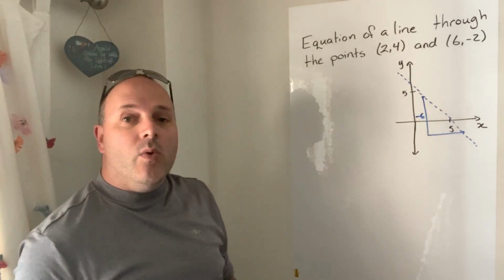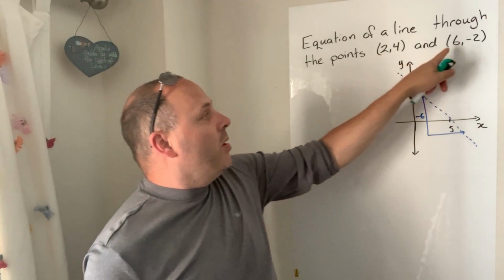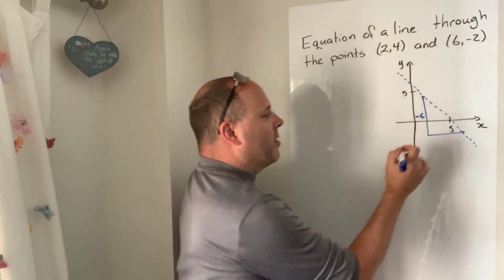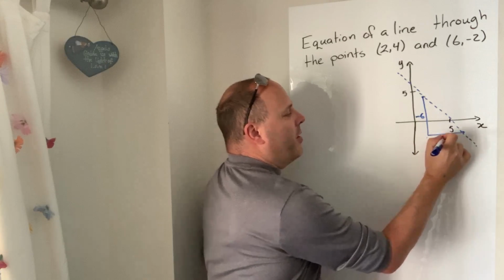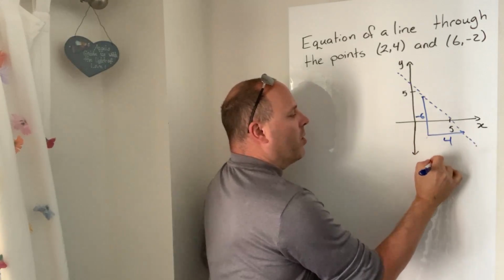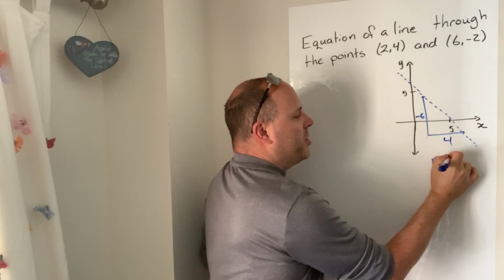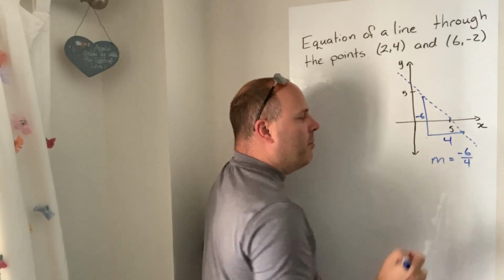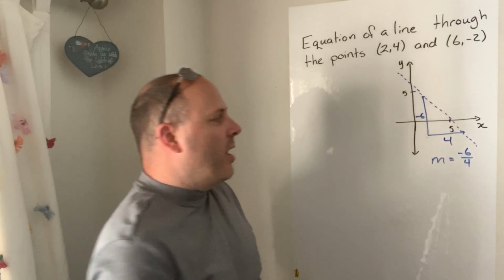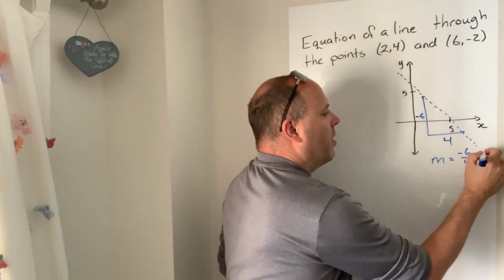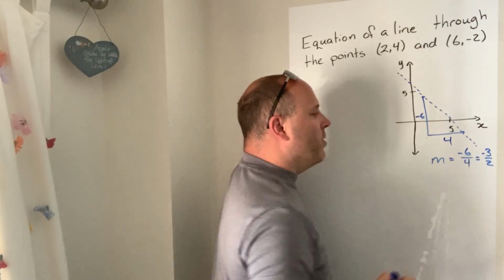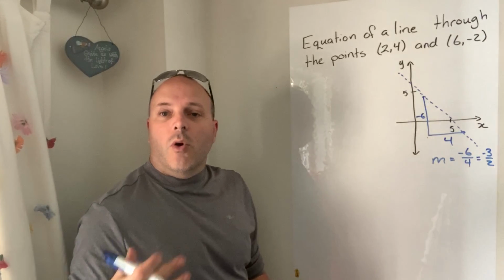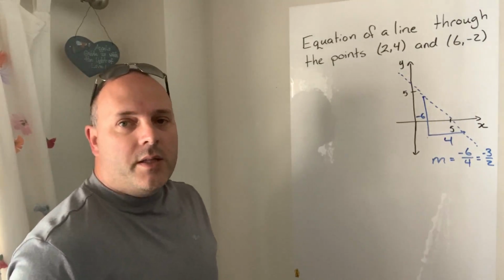And how much is my run? I'm going from 2 up to 6. So from 2 to 6, that's a run of positive 4. So the slope is rise minus 6 over run positive 4. And I can reduce that fraction to negative 3 over 2.